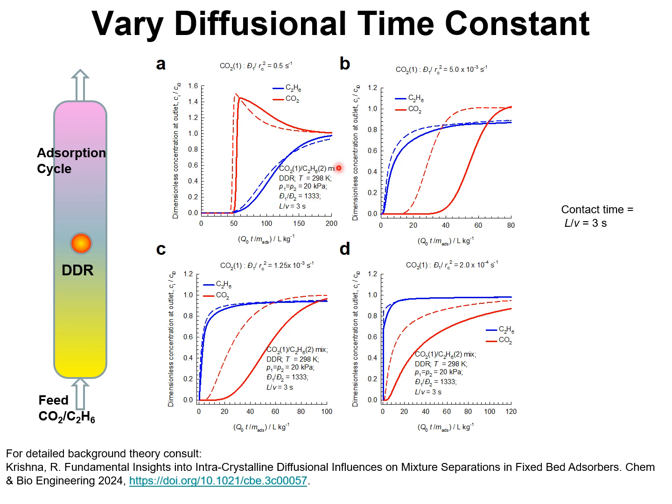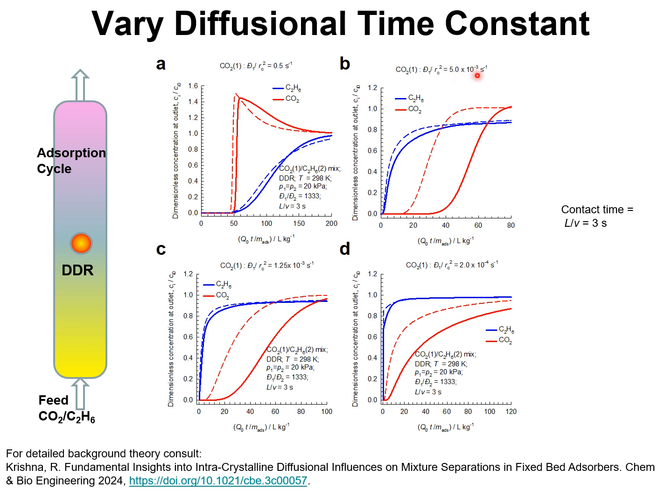But this is not an interesting situation. We need to reverse the order of selectivities such that C2H6 breaks through earlier. For that purpose, we need to increase the radius of the crystallites or reduce the diffusional time constant.